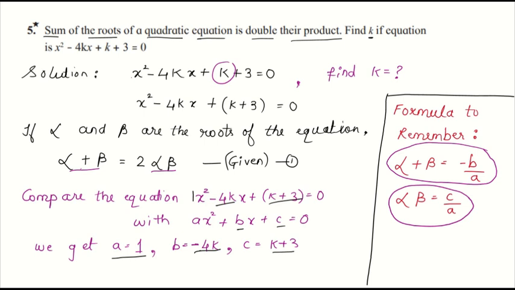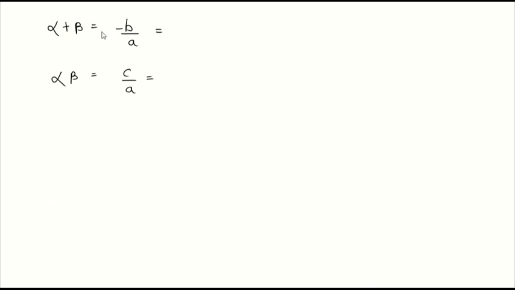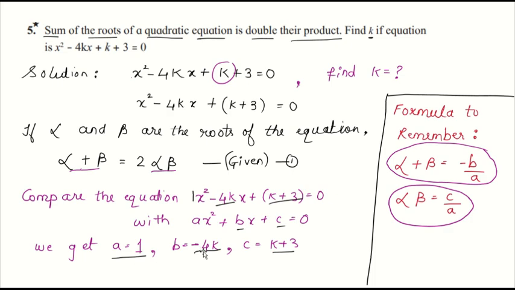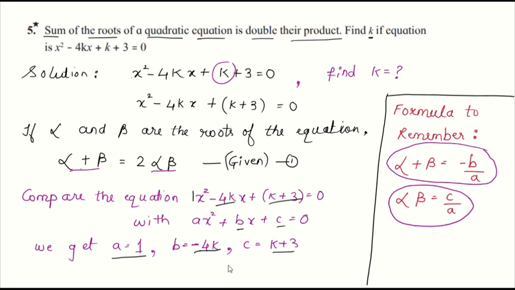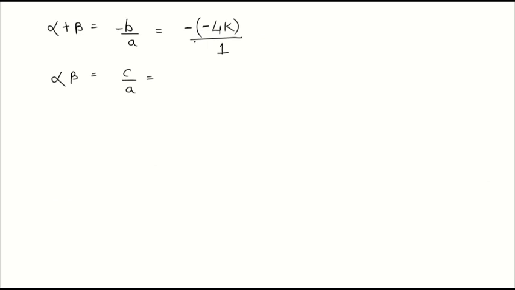Now let's solve this further. Therefore, the value of alpha plus beta is equal to minus b upon a. What is b? The value of b is minus 4k, and a is 1. And alpha into beta is c upon a. What is c? c is k plus 3 and a is 1. Now let's check the given condition.